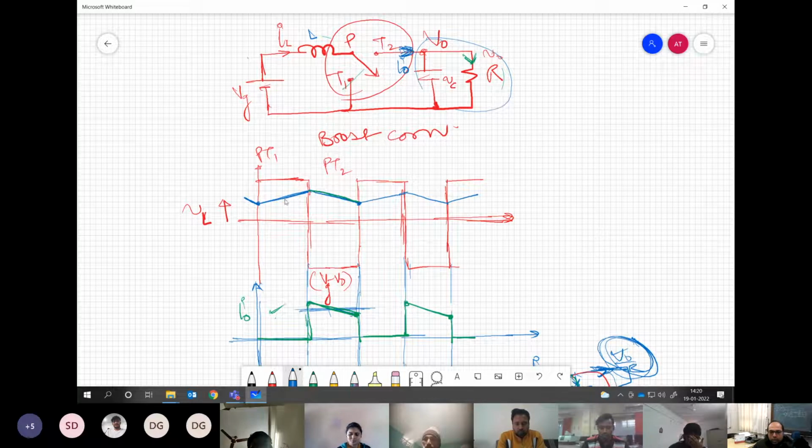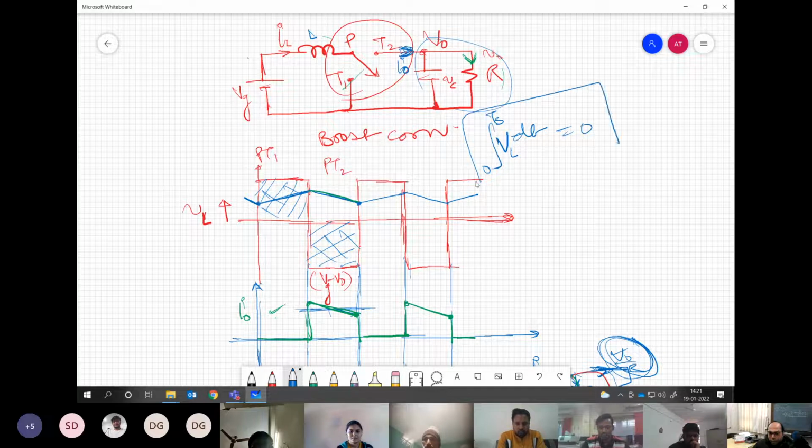The amount of positive voltage multiplied by time applied across the inductor should be the same as the negative voltage multiplied by time applied to the inductor. So we must ensure that this average value, the integral of VL dt from 0 to Ts, must be 0.